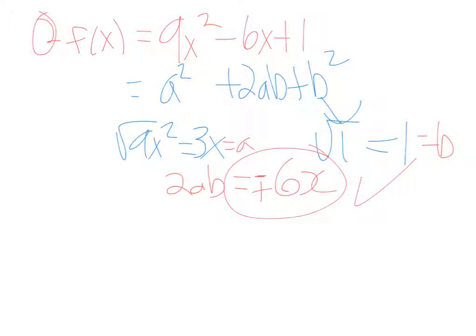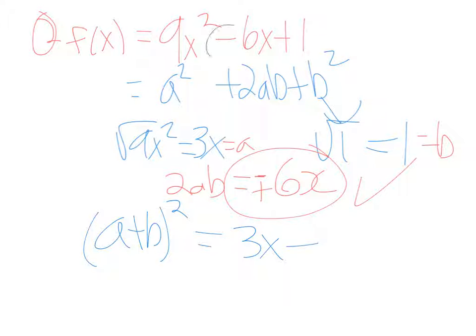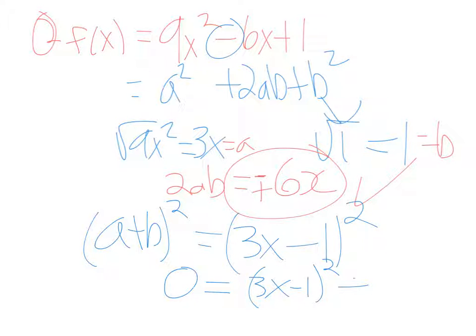So let's go ahead and write that. a plus b squared will then equal, a is 3x, but now it's a minus because I have a minus in between, minus 1, and that's squared. So I could go 0 equals 3x minus 1 squared, and x would equal 1/3. Add 1, divide by 3. So there's a single x-intercept again, and the vertex is right on the x-axis.